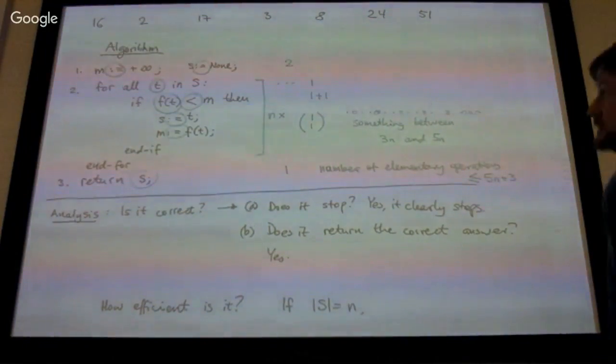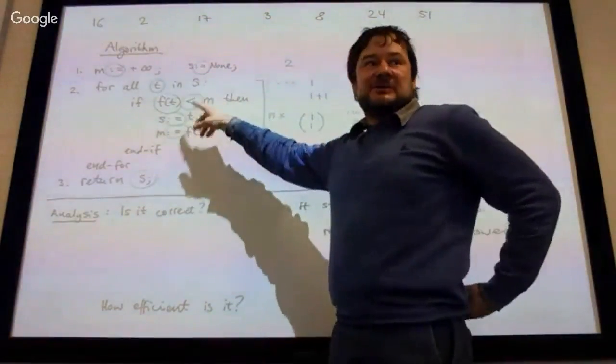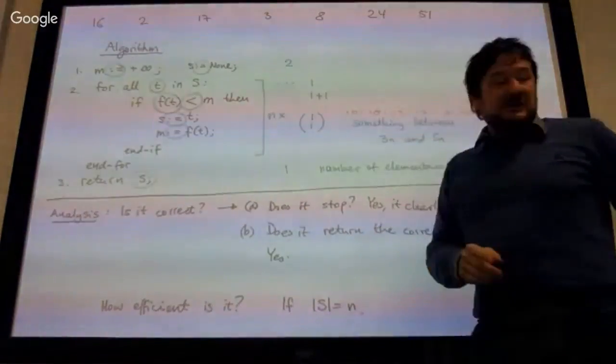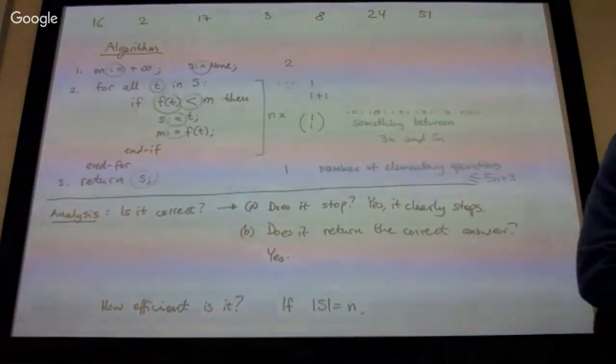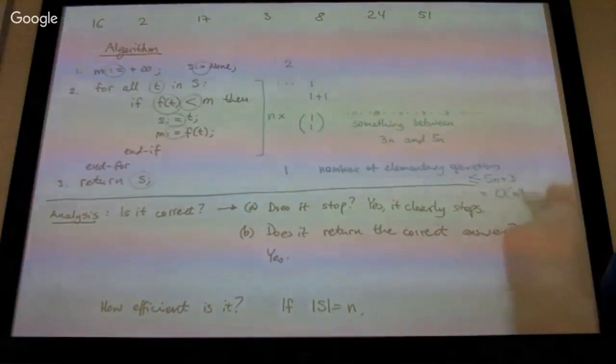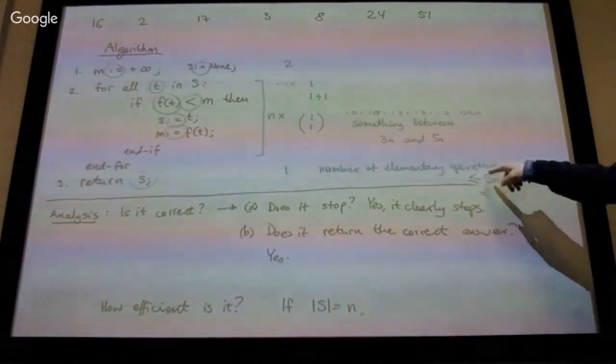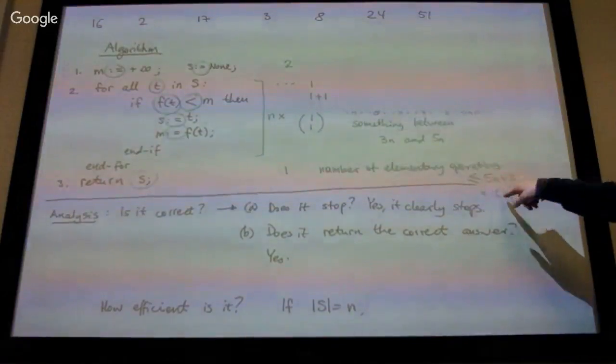We don't really want to get into all these details, whether it's 2 or 3 or whatever. So what we're going to say is that this is definitely big O of n. So it's bounded by some constant times n.